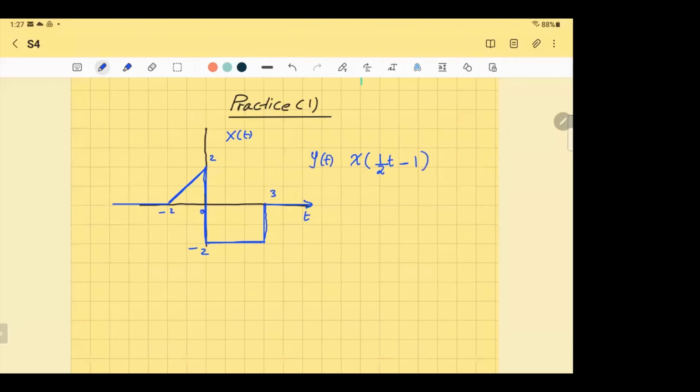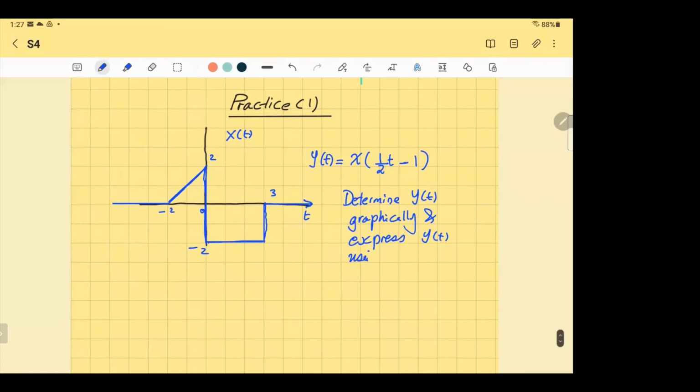If y of t equals x of half t minus 1, determine y graphically and express y of t using a mathematical expression.